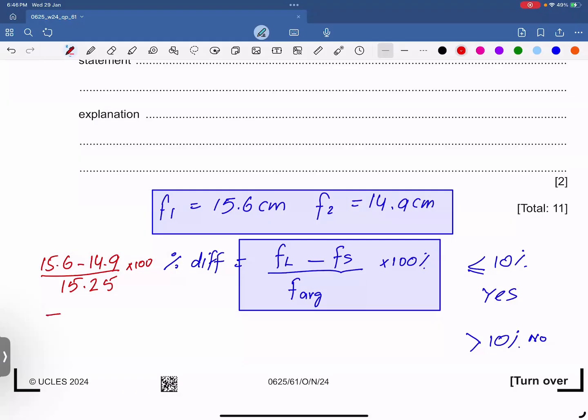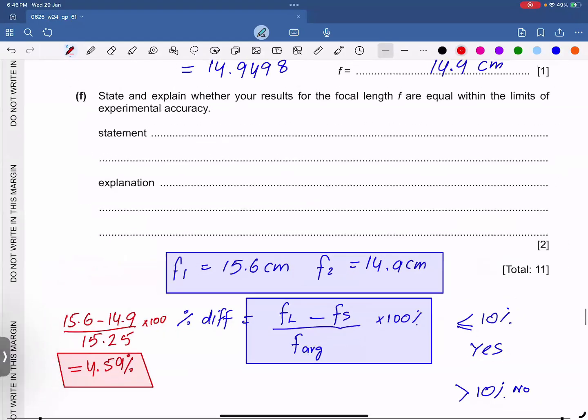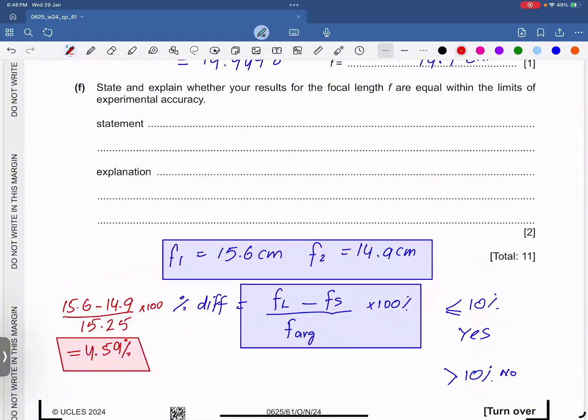The answer is 4.59%. This is less than 10%, so the answer is yes. The question is whether your results are equal. So you will say yes, they are, or focal lengths f are equal.